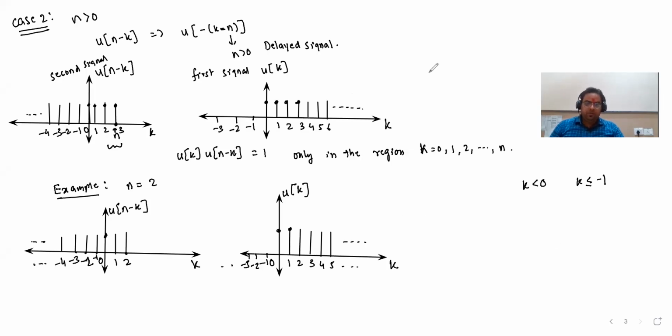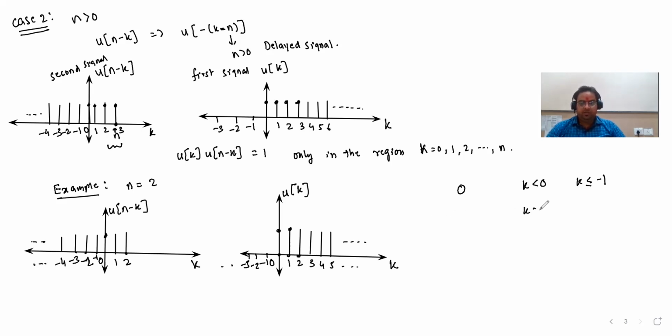So this is what we were discussing. Basically now if I say the product between u of n minus k and u of k, for k less than 0 we can see that these values are simply 0 only. And for the region on the positive time axis, at the 0th sample, first sample, and second sample, we will be having values 1.